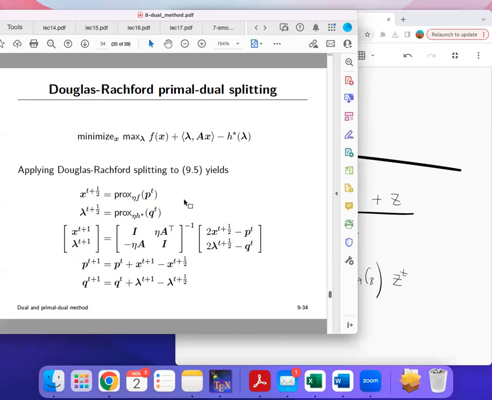Now, suppose F and H are relatively simple. We can compute their proximal mappings. Then these 2 steps can be implemented. In particular, the proximal mapping of H conjugate, by the Moreau decomposition, is QT minus the proximal mapping of H. So these 2 can be done.